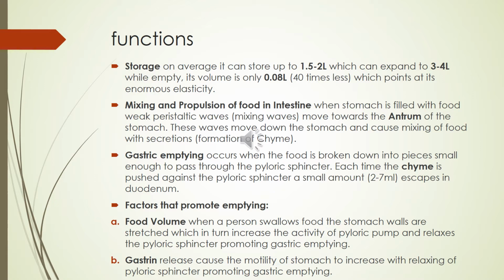The pyloric sphincter would definitely be relaxed so that the content of the stomach can be pushed towards the duodenum or the small intestine. But the earlier step to pushing the food towards the duodenum is the movement or motility of the stomach itself, which is promoted by the gastrin.